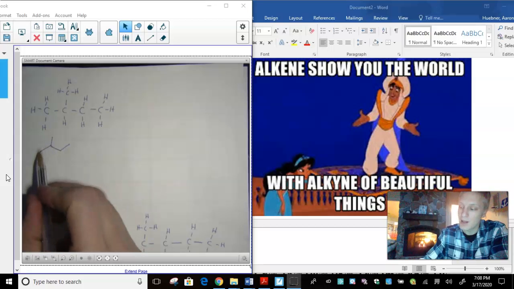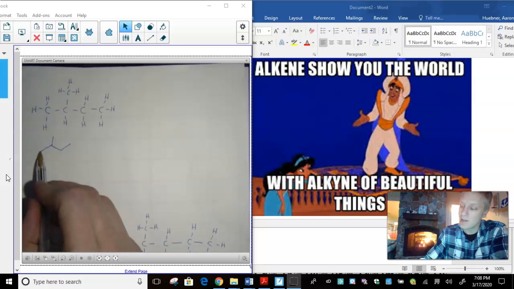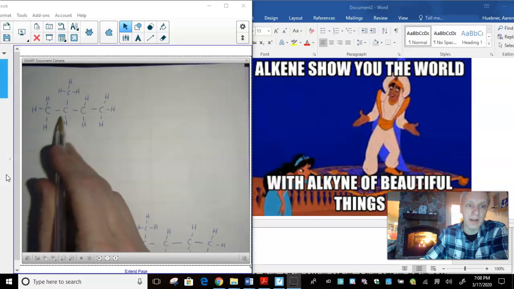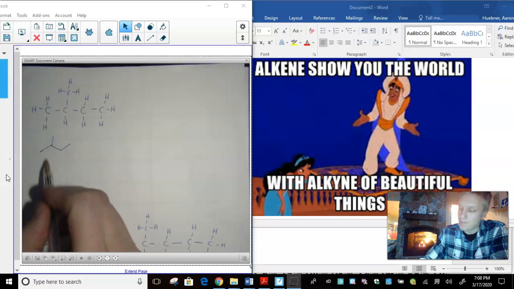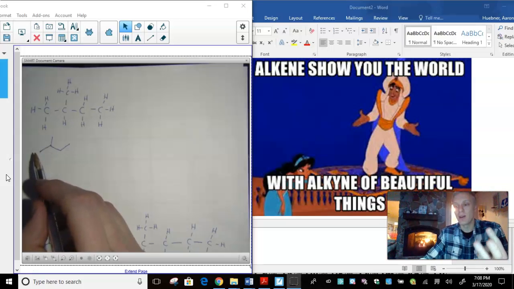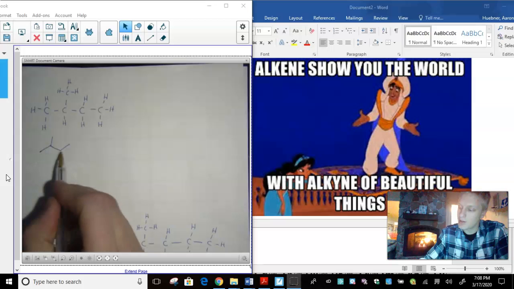So this is a carbon right here, and there must be 4 bonds for a carbon. So if this is connected to another carbon right there, then that's 1 bond. So therefore 1, 2, 3, 4, that would be 3 hydrogens. And this one is bonded to a carbon, and a carbon.